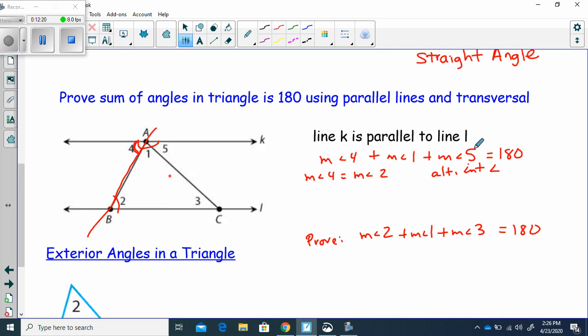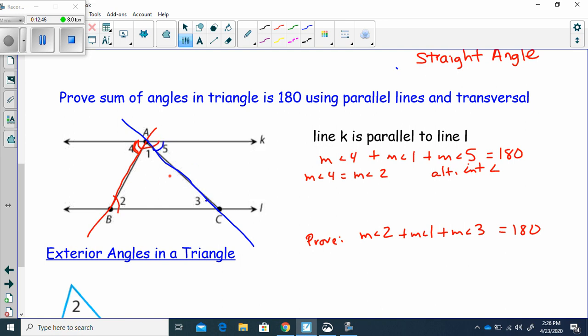I still have 5 here and I need 3. Angle 3, is there anything that would tell me angle 5 and angle 3 are congruent? Let's go to a different color so we can see our line here. We've got our two parallel lines, and here is a line that's a transversal because it crosses the two parallel lines. Look at angle 5 and angle 3.